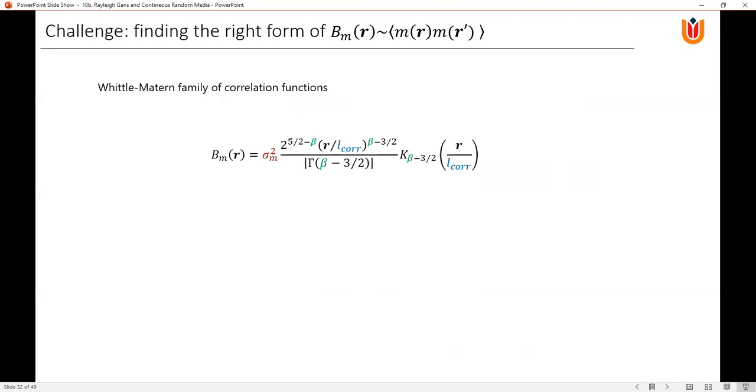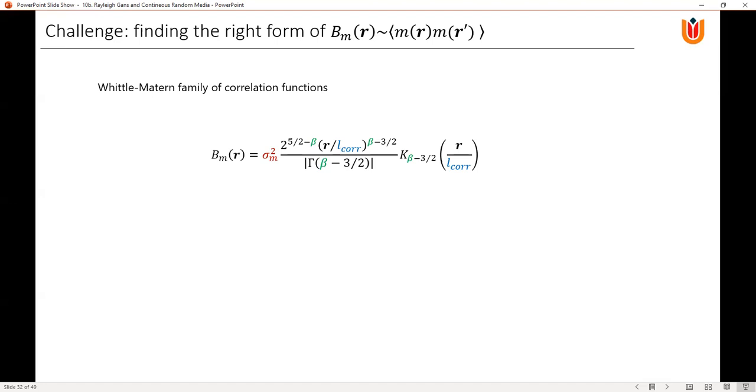This has been suggested. So just giving you this as an example. This is the so-called Whittle-Matérn family of correlation functions. It is a family because we have a parameter beta that can tune it a little bit. That is the green parameter.